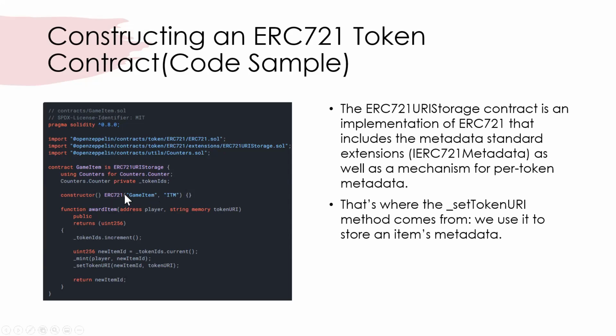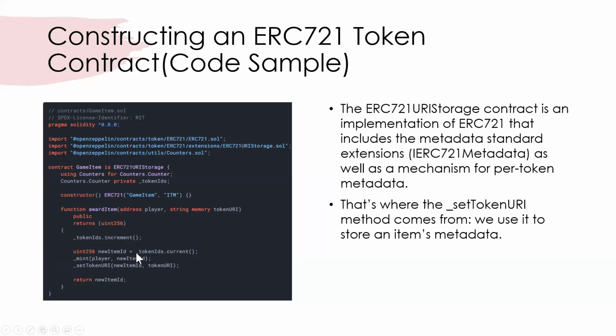And this is the constructor, GameItem, that's the name of the token, and this is the unit of the token, I guess. And we have a function which is going to be awarding items to a player, which would take in the address as a parameter and the token URI as a parameter too, and returns this data type right there. And it's going to increment the token ID to keep track of each token.